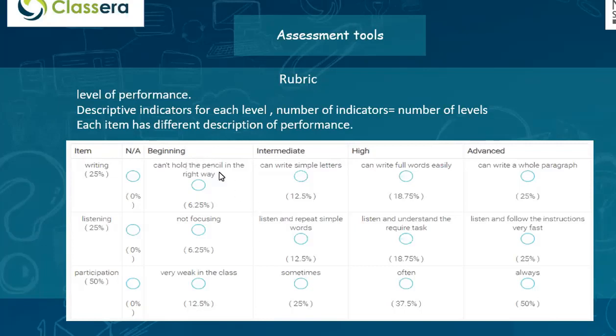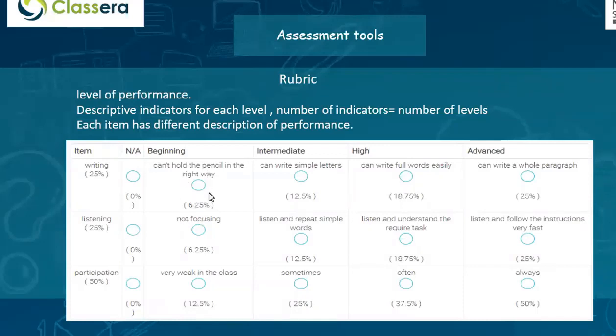So just to know that this number comes from the weight of the item divided by the number of levels, multiplied by the level number. So 25 divided by 4 equals 6.25.